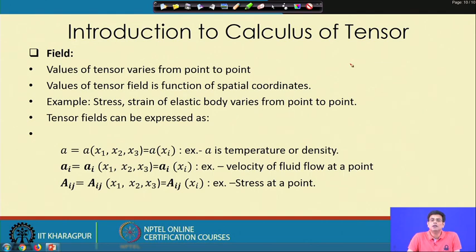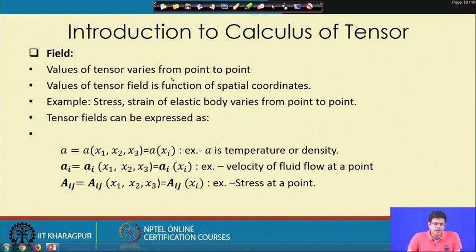Calculus is basically, probably all of you have learned, what is a derivative, what is the gradient of a vector field, what is the divergence of a vector field. Now we will concentrate on what these quantities are in a tensor field. I am using the word field, so let us define what a field is.